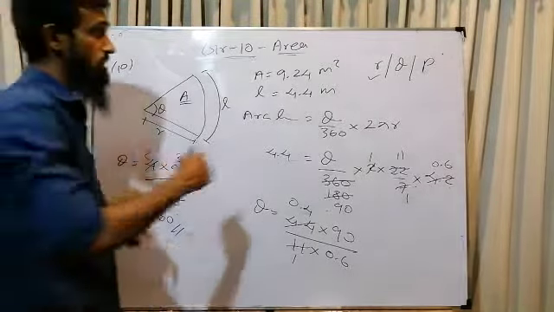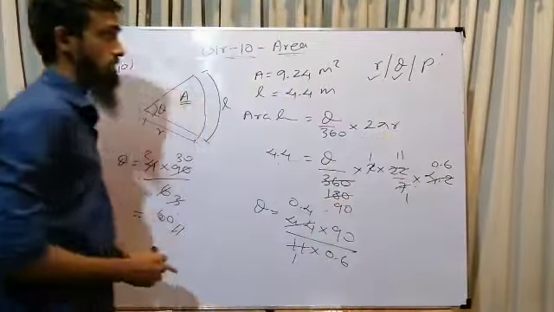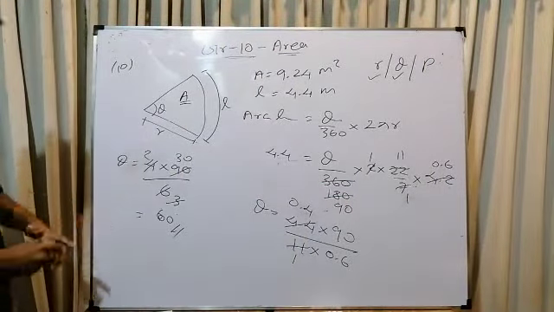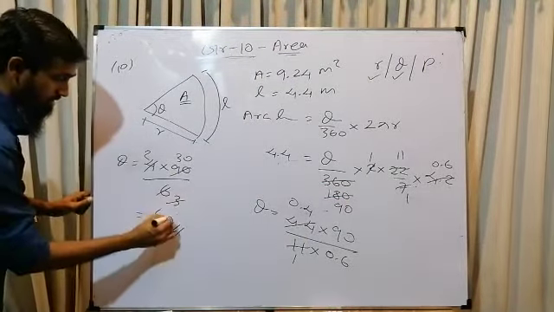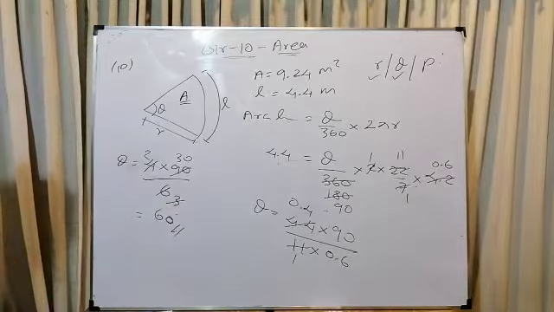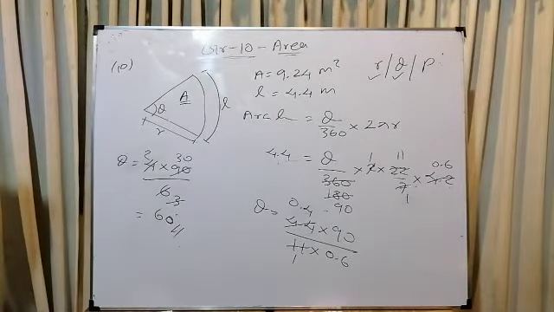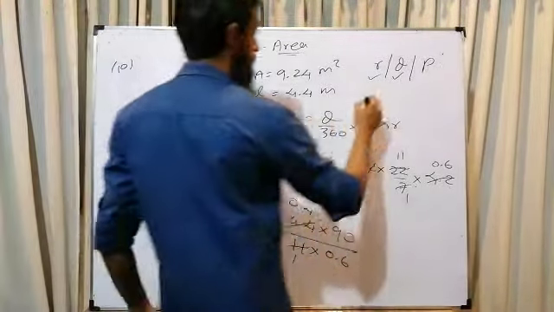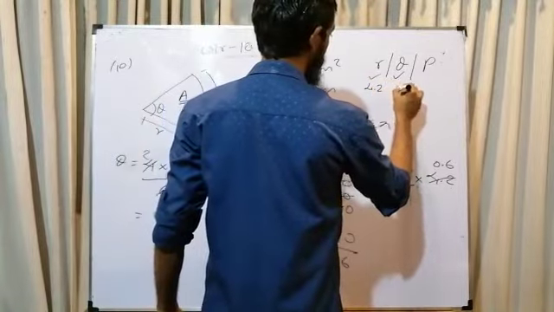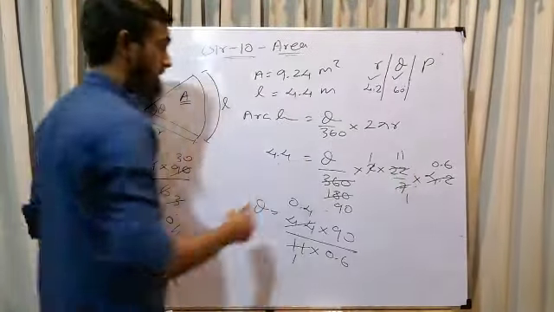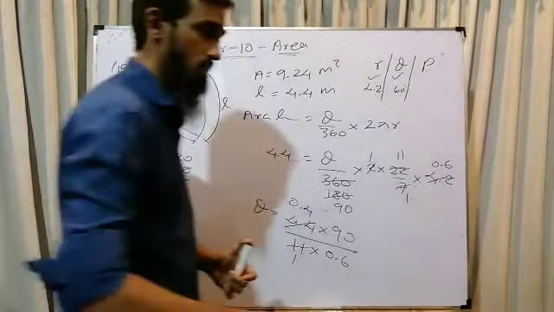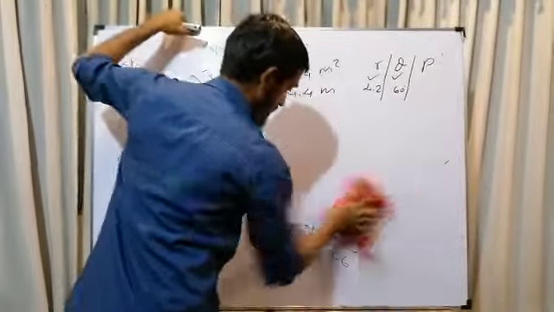So the second thing they asked, the angle is found, the angle is 60. Lastly, the radius we found is 4.2, theta is 60. Lastly, we need to find the perimeter. So perimeter equal arc length plus 2r.